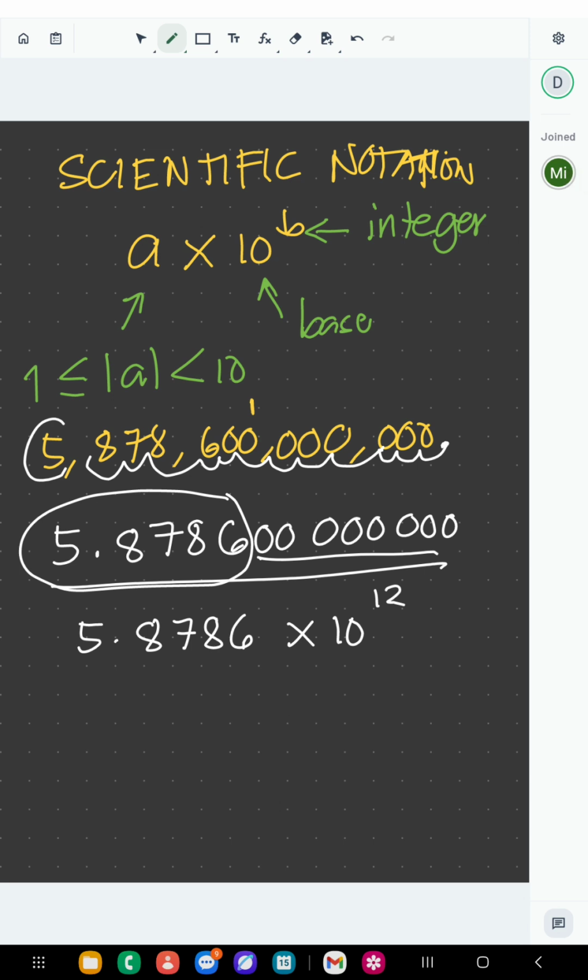What if you're given this one, 0.0... how do you write this in scientific notation?